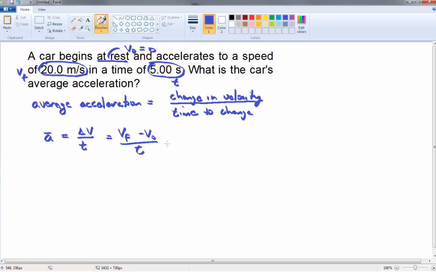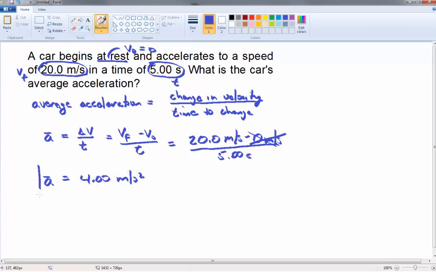So the average acceleration we can get by taking 20 meters per second minus 0 meters per second and dividing by 5 seconds. So this part is already 0, goes away. 20 divided by 5 is 4. So the average acceleration in this case is 4.00 meters per second squared. So that is your average acceleration for the car.